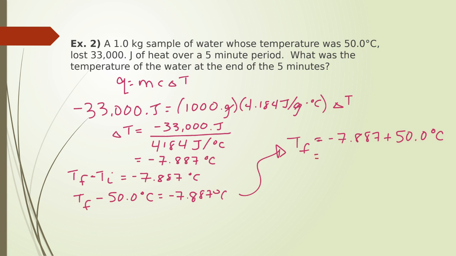And I'm now adding my values here. So what I want to do is be aware of the significant figure rule of addition. And so I need to round to 1 decimal place. And when I add these values together, I end up with a value of 42.1 degrees C as my final temperature.